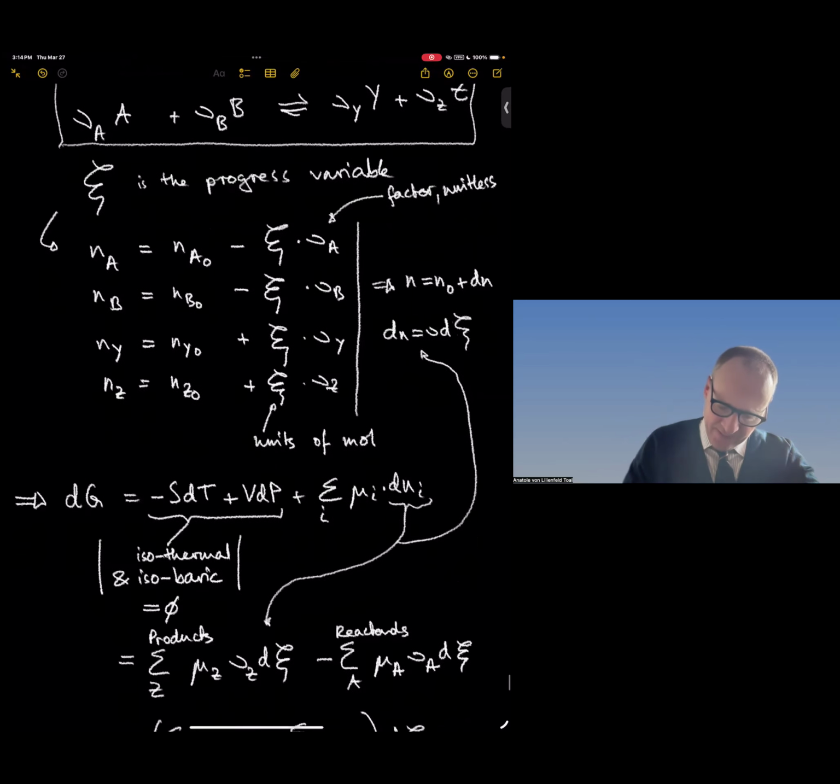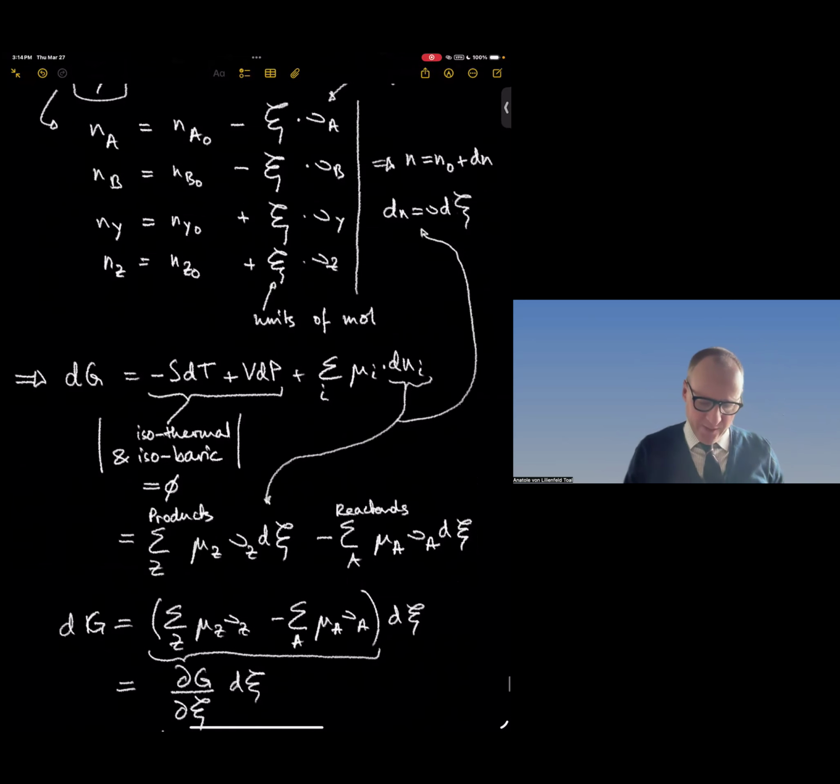We had then discussed our progress variable psi and used it to define the differential coefficient in our total differential for the free energy, right?